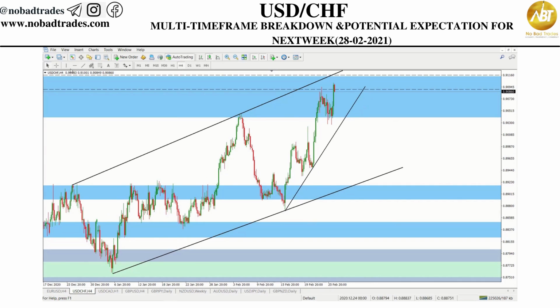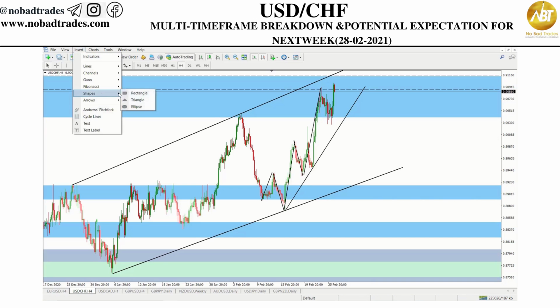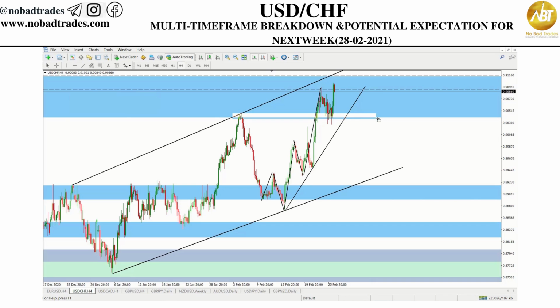Because when price starts to move on the CD move, it starts to price in a structure. So we have this push right here, we have this exhaustion right here, and we have this push right here.